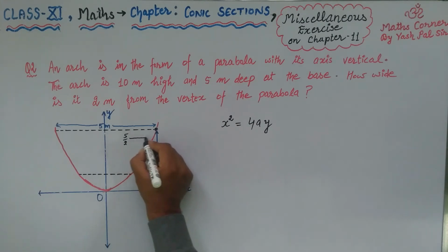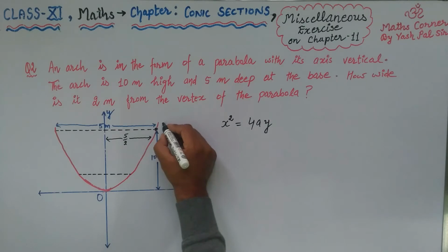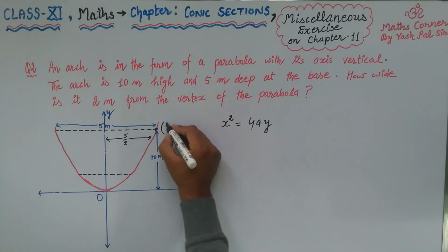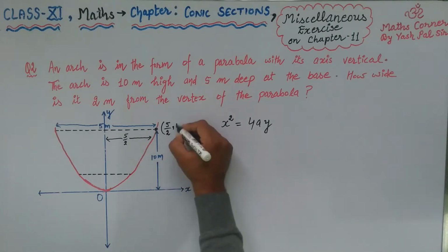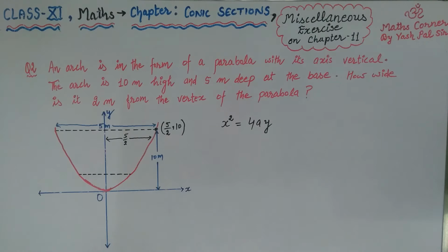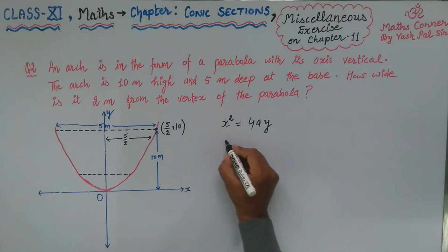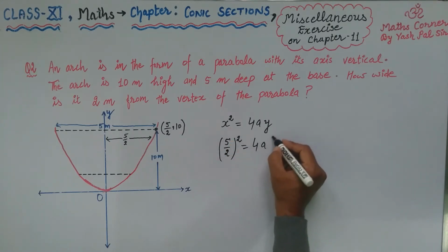So the coordinate of this point will be x is 5 by 2 abscissa and ordinate is 10. Now this equation passes through this point, so we put here x as 5 upon 2, its whole square is equal to 4a and y is 10.